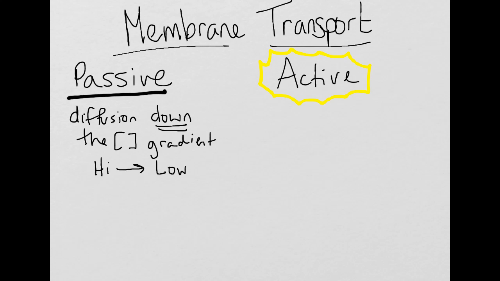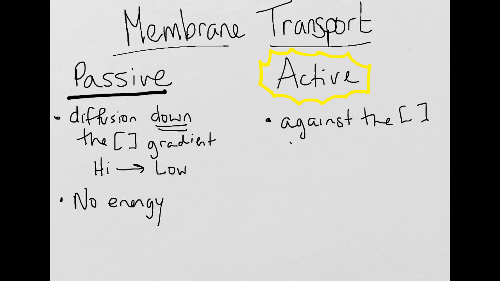Okay, high to low. This does not require energy. No ATP. Okay. Active transport, we are going against the concentration gradient. So we are pumping things opposite the direction they would like to go.